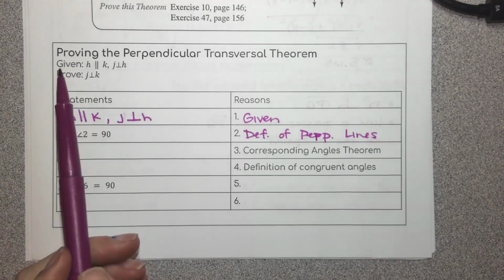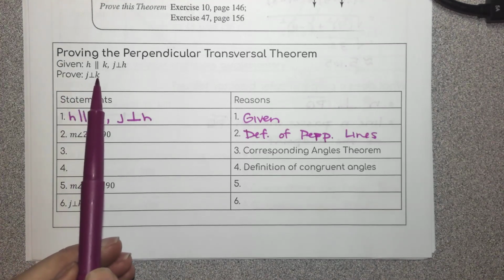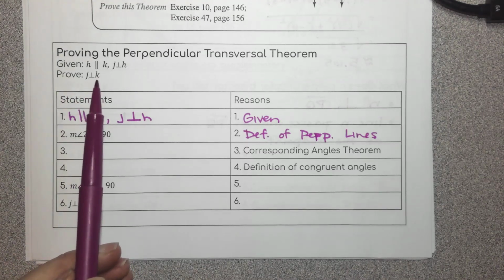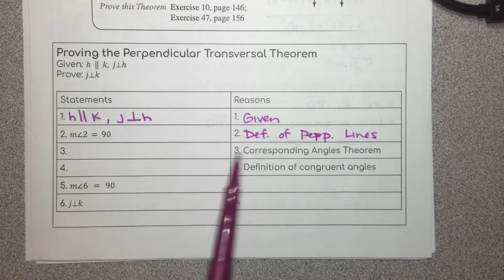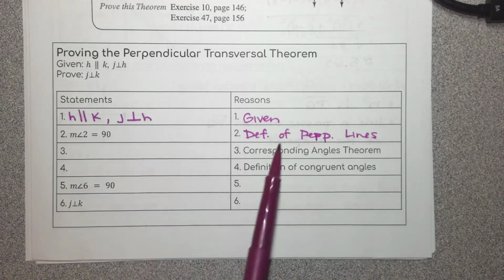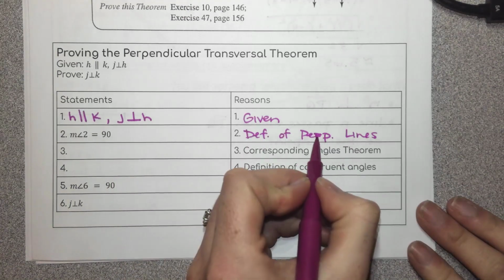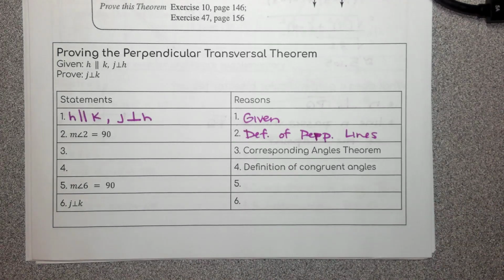Then we said prove that J is also perpendicular to K. And we're going to use this picture on the right here. So we already figured out that the reason angle 2 is 90 is because we have perpendicular lines. What would be our statement for number 3 if we're using the corresponding angles as our reason?